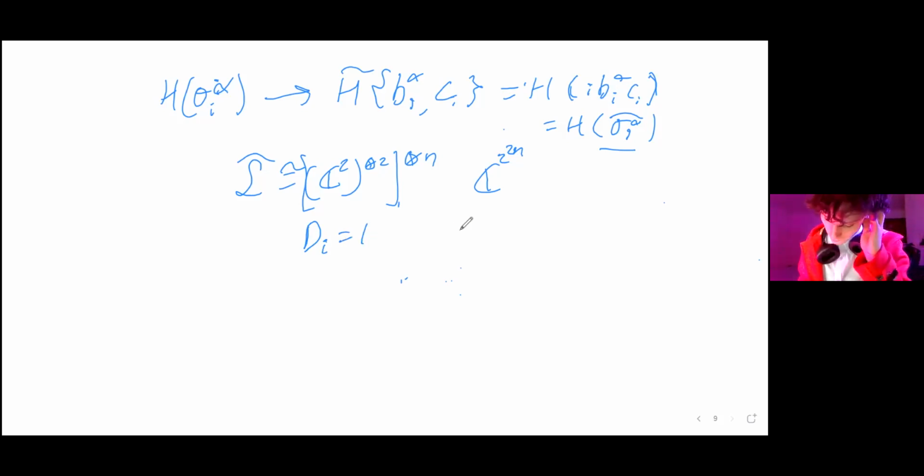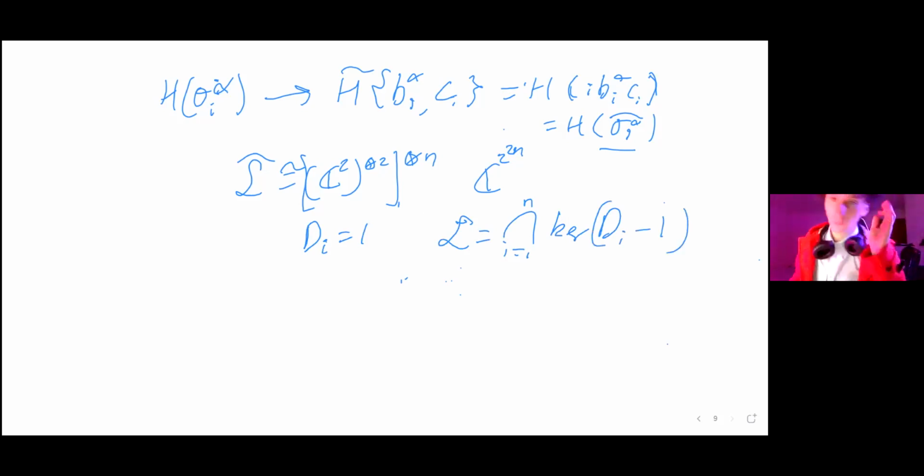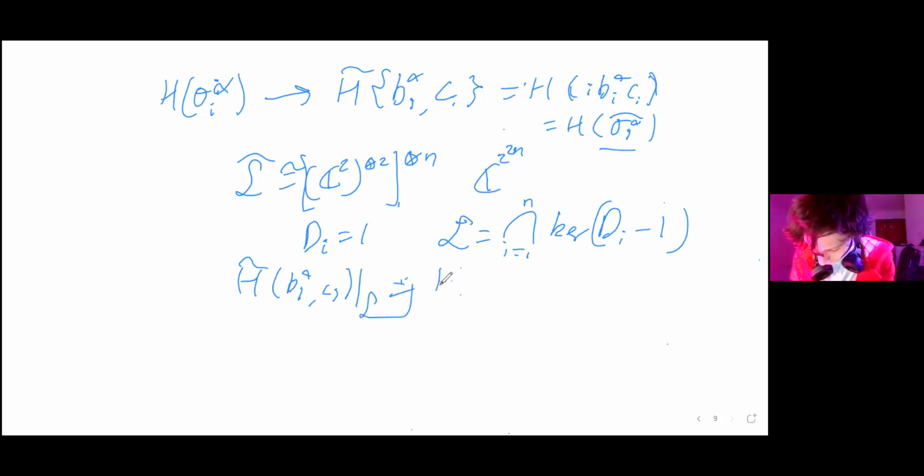So we write L as the intersection over i equals 1 to n of the kernel of D_i minus 1. Right. And then H tilde of b_i^α c_i restricted to L is just H of sigma_i^α.